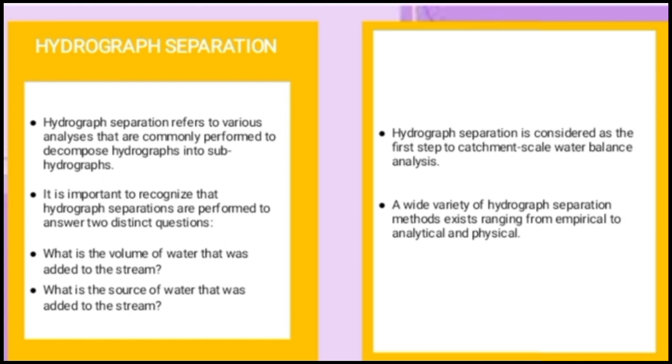The second one, what is the source of water that was added to the stream? Hydrograph separation is considered the first step to catchment scale water balance analysis. A wide variety of hydrograph separation methods exist, ranging from empirical to analytical and physical.